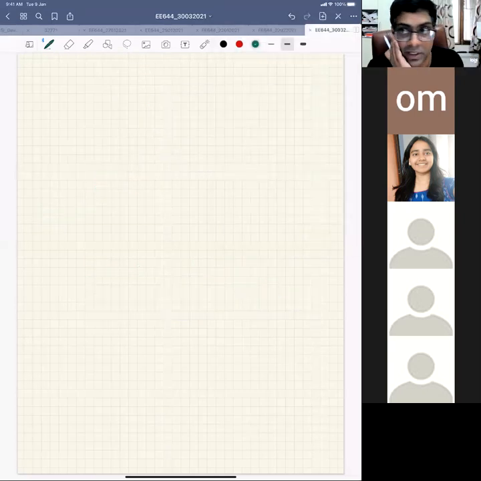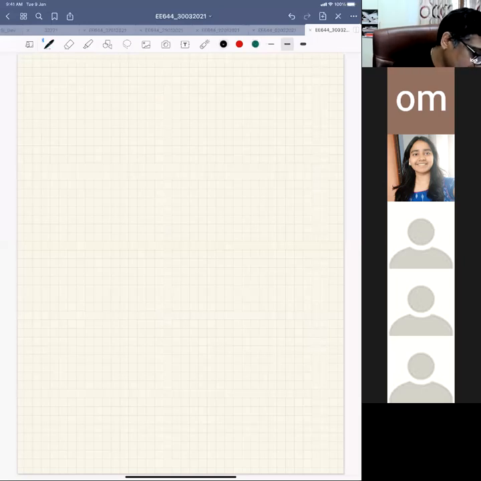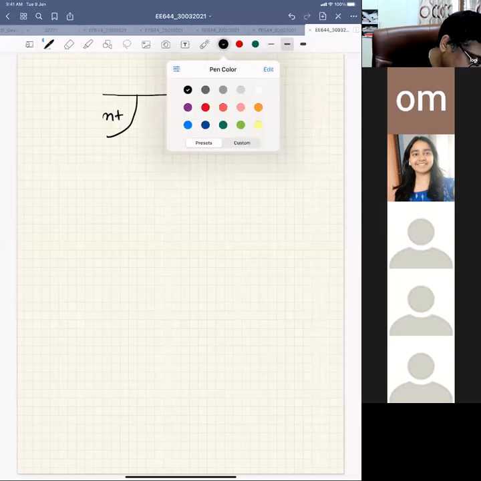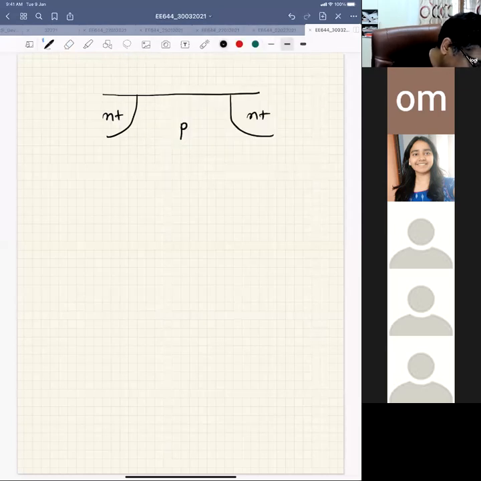Let me talk in a little more detail. What is DIBL, drain induced barrier lowering? Let's take two transistors. One is long. If I draw the band diagram, this is my band diagram at VDS equal to 0.